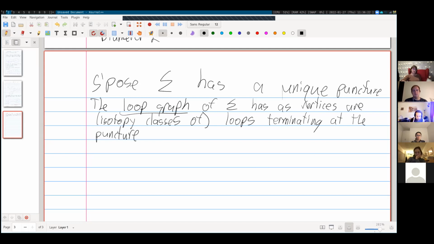And the same edge condition, right? Adjacent if they have disjoint representatives.